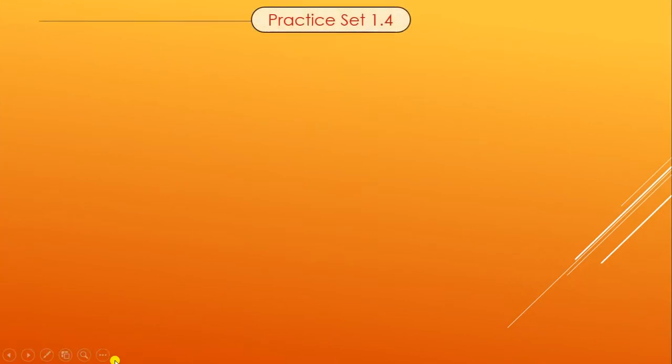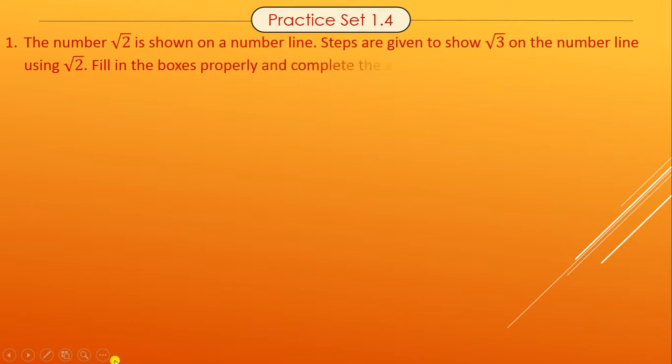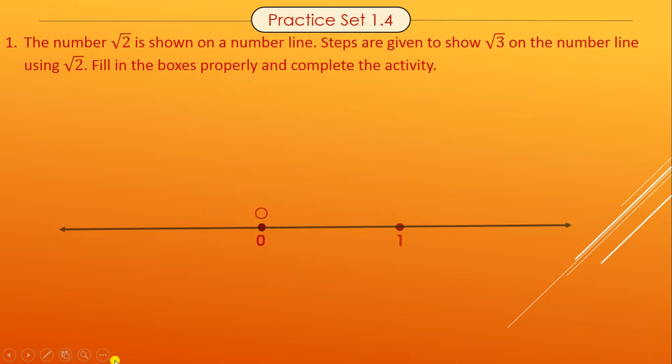Let us see practice set number 1.4. Question number 1: the number square root of 2 is shown on a number line. Steps are given to show square root of 3 on the number line using square root of 2.